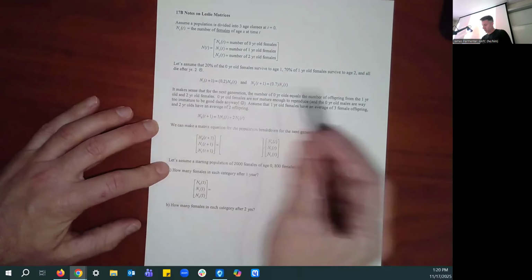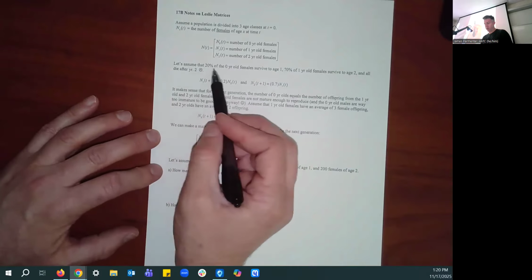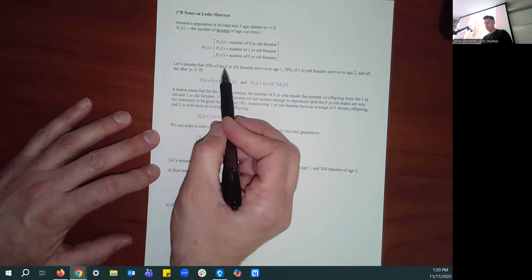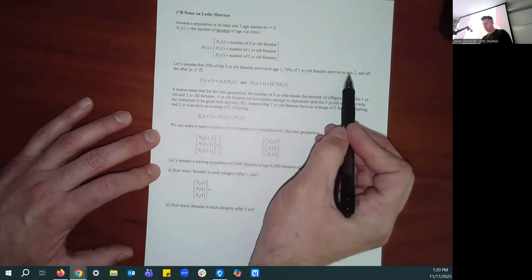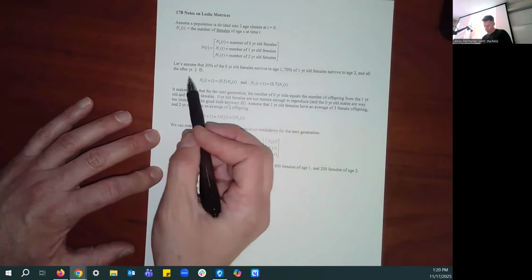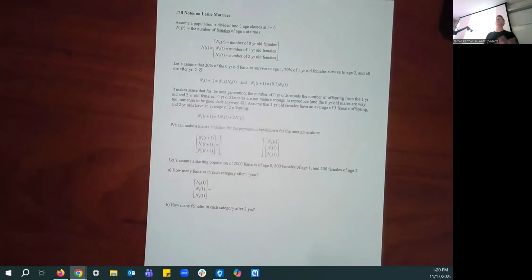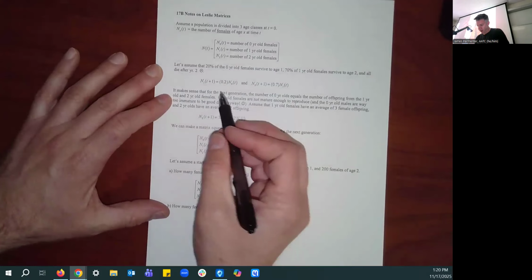So let's continue the problem. We're going to assume that 20% of 0-year-old females survive to age 1, 70% of 1-year-old females survive to age 2, and all 2-year-olds die. Okay, well, it's like bugs or something, right? It's not people. It doesn't really matter.